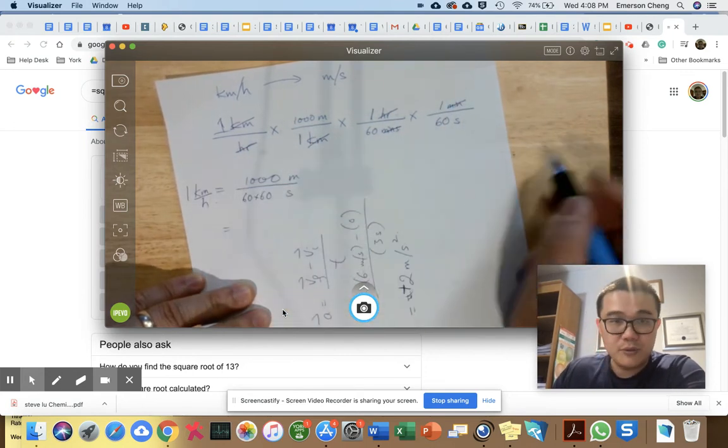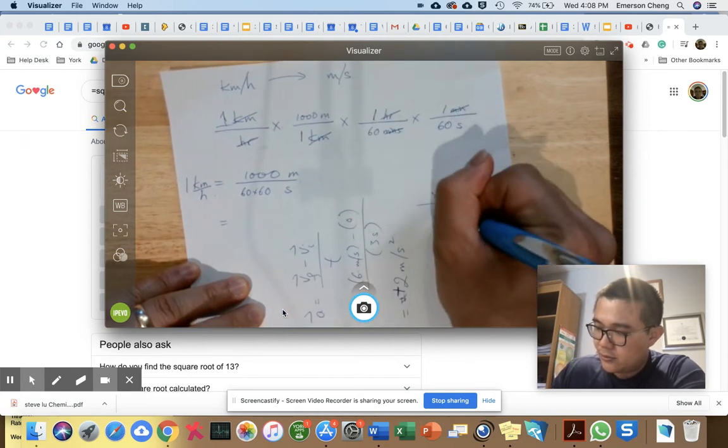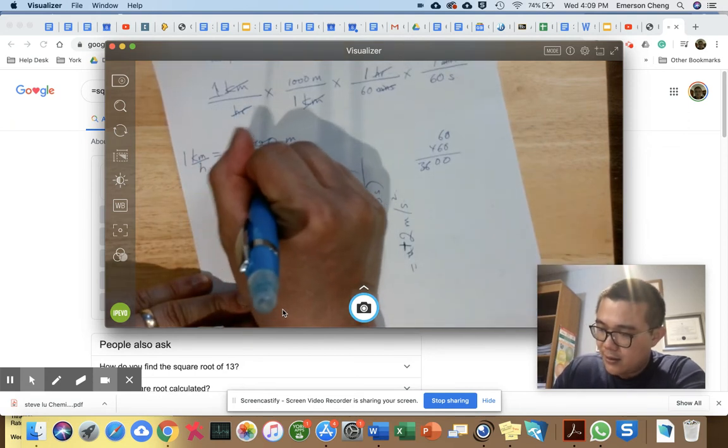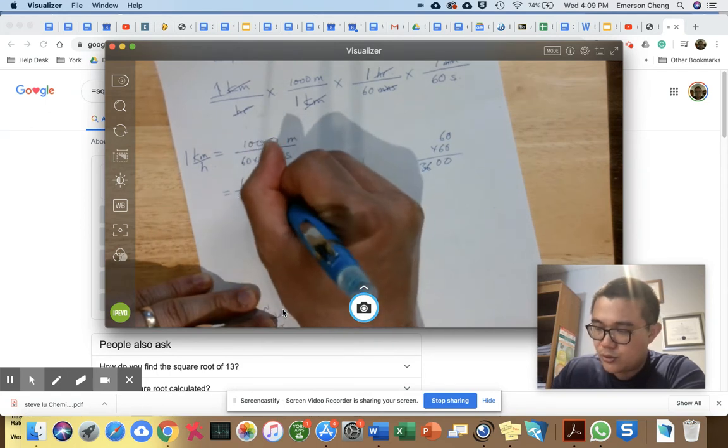So if you put 60 times 60, hopefully you'll remember that you have 2 zeros, 36. So it'll be 1,000 divided by 3600 meters per second.